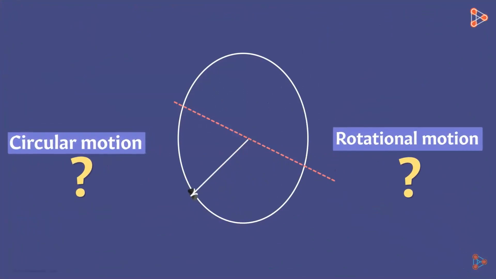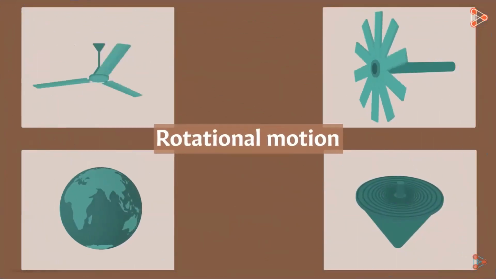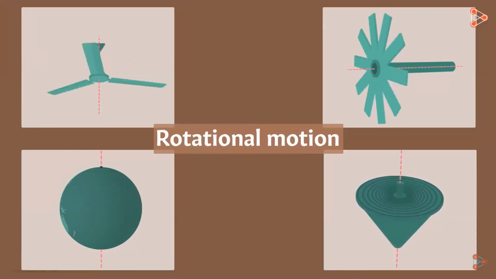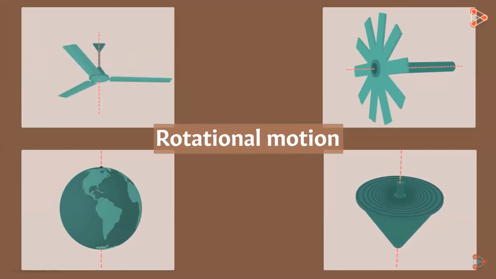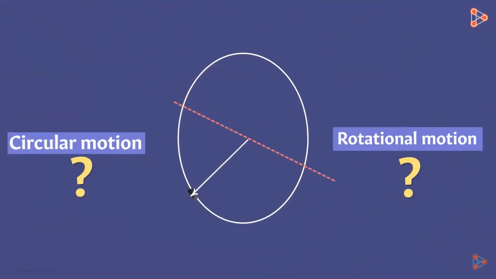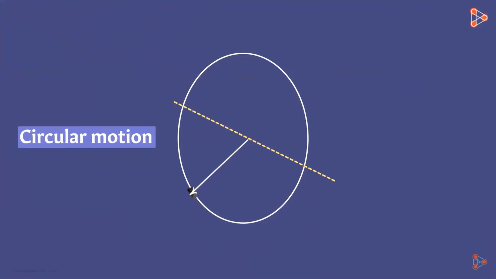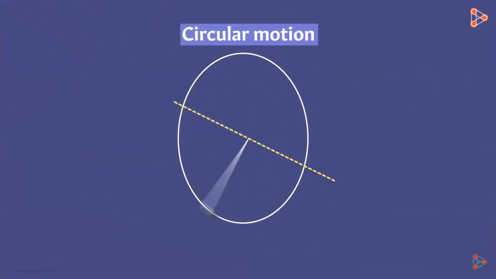What exactly is the difference between the rotational and the circular motion? In all the examples of rotational motion that we saw, the axis of rotation is a part of the object. It is going through the object. But in this case, the axis of rotation is not passing through the object. It's totally separate from the object. Hence, we don't call this motion as rotational motion. This is circular motion and not rotational.